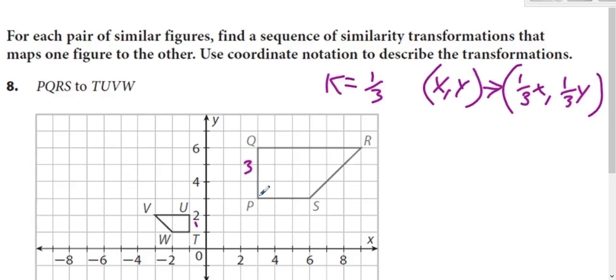So 3, 3 divided by 3 is 1, 1. 6, 3 divided by 3 would be 2, 1. R is out here at 9, 6. Divided by 3, you get 3, 2. And then Q is 3, 6. Divided by 3, you get 1, 2.